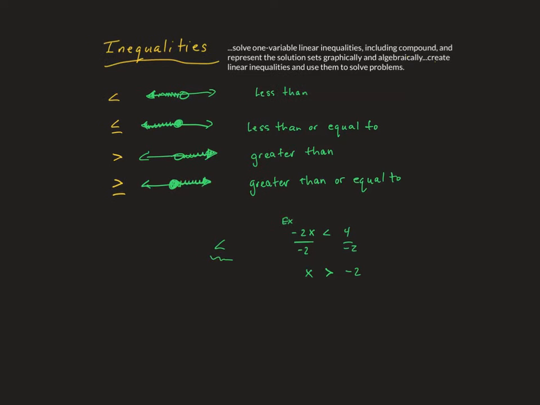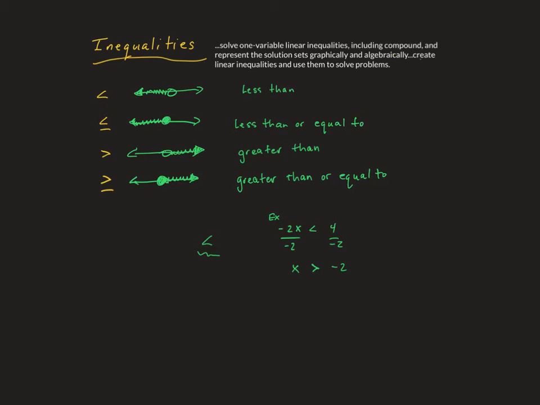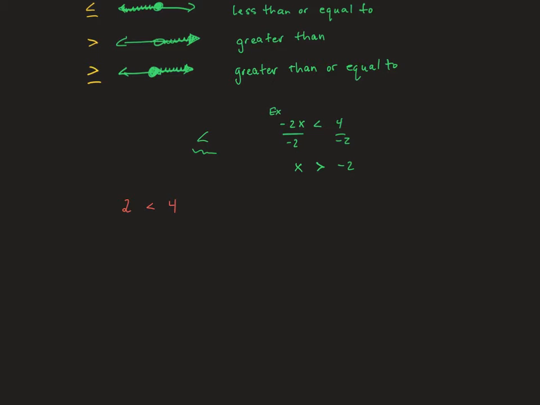And if you need more clarity on that, if I just take any number, if I go ahead and take 2 is less than 4, that is a correct statement. Now if I were to multiply both sides by negative 2, 2 becomes negative 4, and then 4 times negative 2 becomes negative 8.